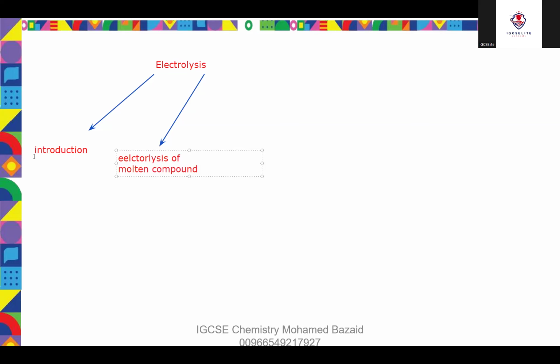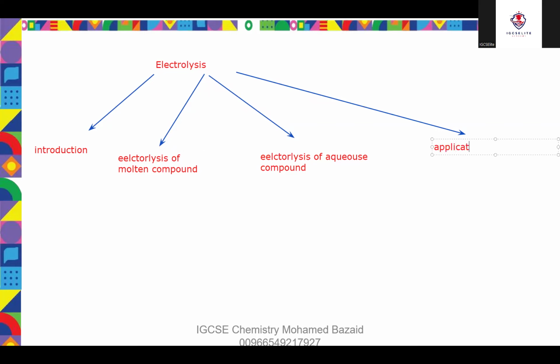You have to make sure you know electrolysis of molten compound. The third one is electrolysis of aqueous compound or aqueous solution. And the fourth part is application for electrolysis. Clear?